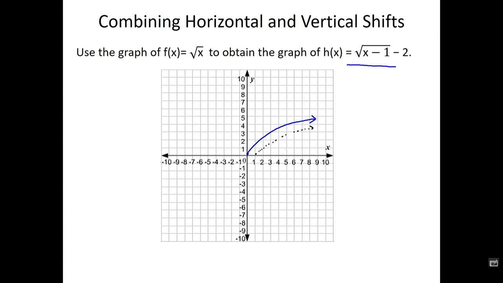So 2 units downward would be here. Everything else remains the same. So the graph is going to look like this. So this now becomes the graph of h of x, which is the square root of x minus 1, minus 2.